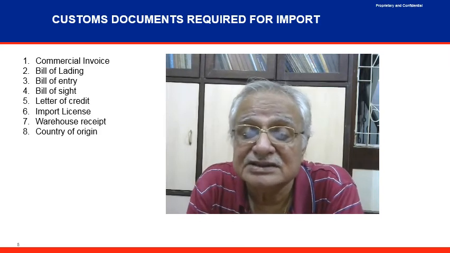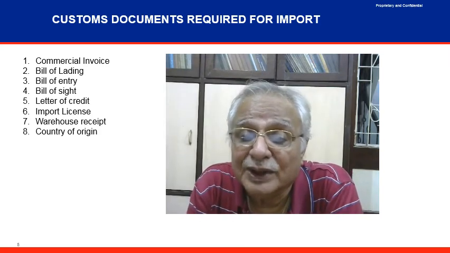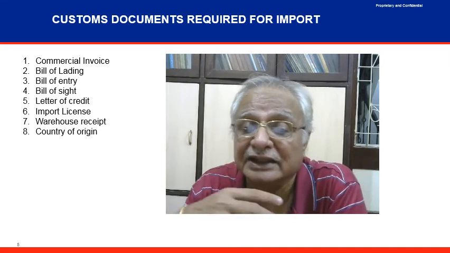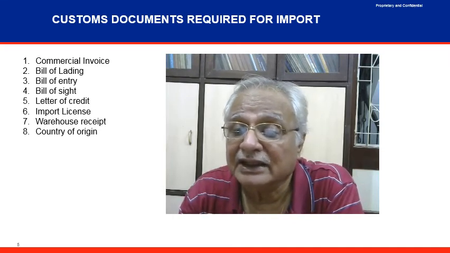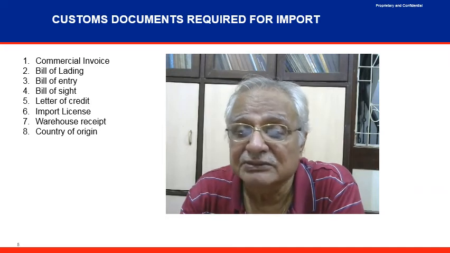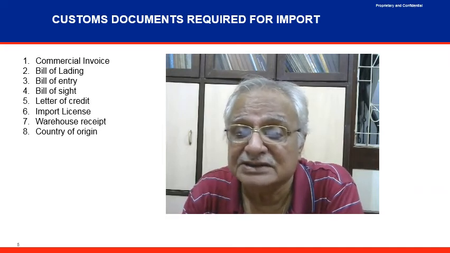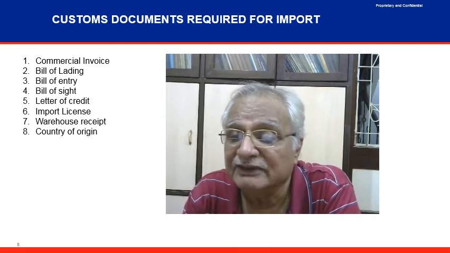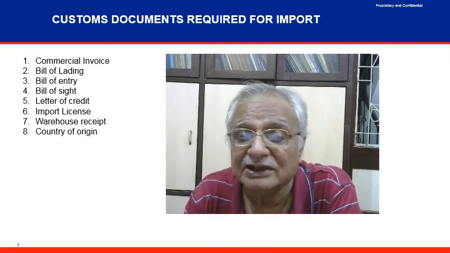The next is warehouse receipt. Once the goods have arrived at the dockyard, they are kept at the warehouse. If import custom clearance is done and you have paid all the import dues as well as freight, then you get a warehouse receipt.